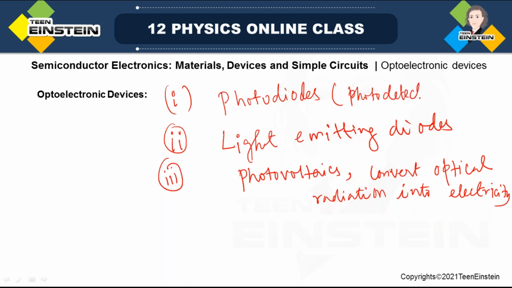Light emitting diodes, LEDs, are widely used in modern society. And this is actually solar cells, photo solar cells, an alternative power for the future.